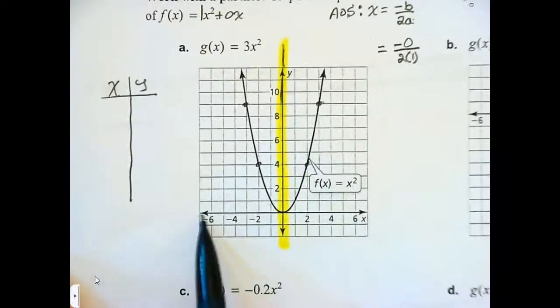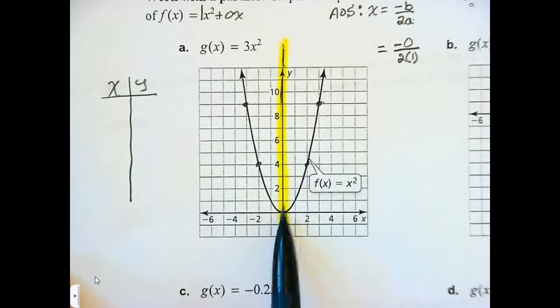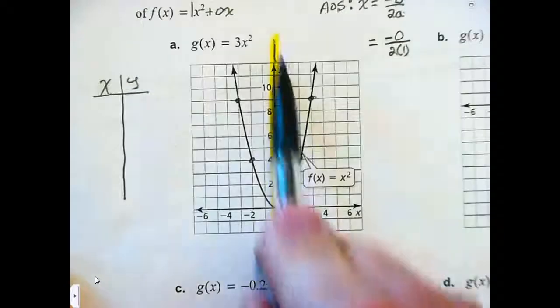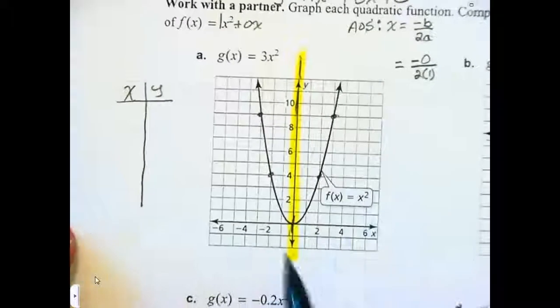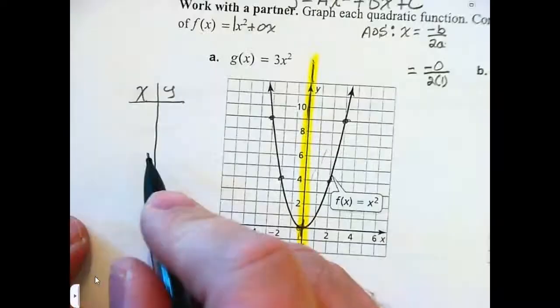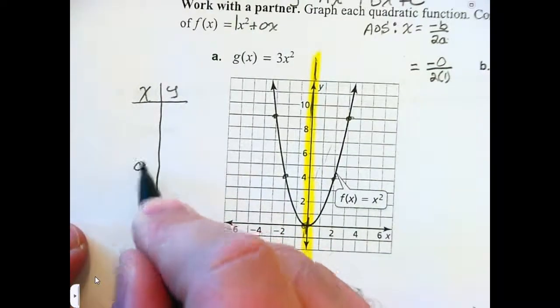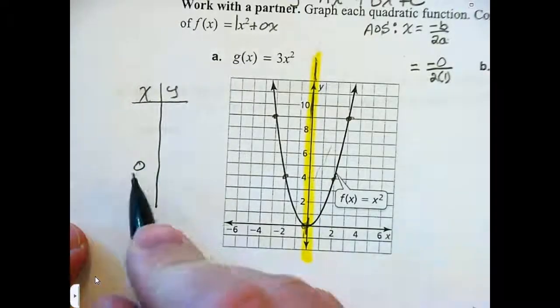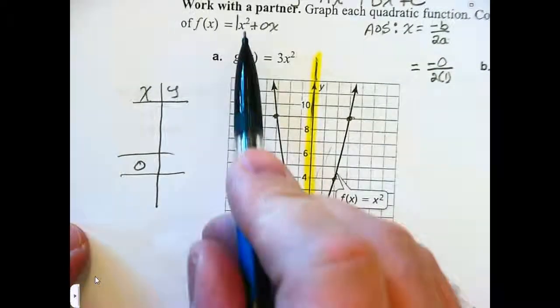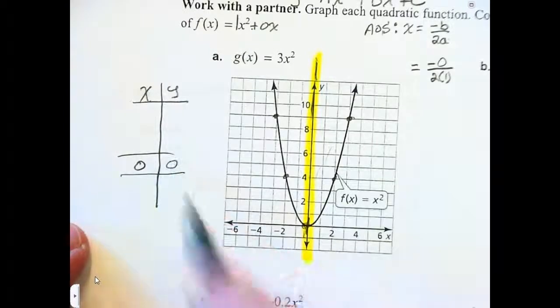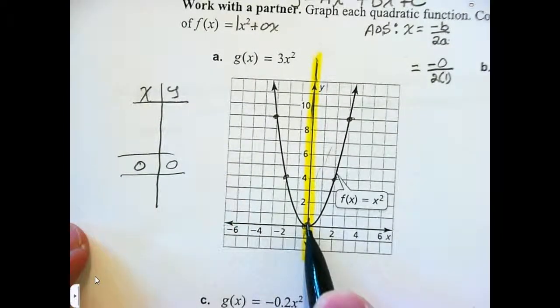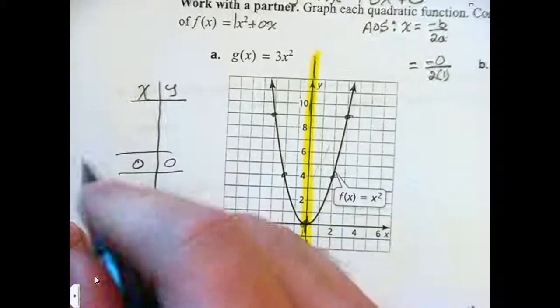If I was cruising down the x-axis, right here is 0. That line also happens to be my starting point in my table. I'm going to plug in 0 right there, and when I put 0 in for x squared, I get 0 out. That's how they get that point. That point is called your vertex.